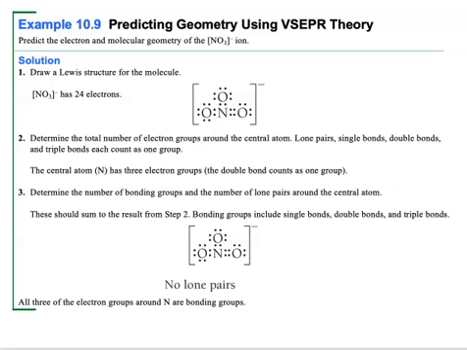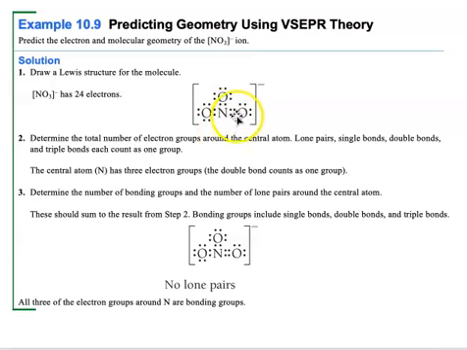Here is another example where we're going to predict the electron and molecular geometry of the nitrate ion. So you start off by drawing that Lewis structure for the molecule. The nitrate ion has 24 electrons. We're going to spread them all around. We're going to see that in our nitrate ion, we have 1 bonding pair between oxygen and nitrogen, 1 bonding pair between this oxygen and nitrogen.